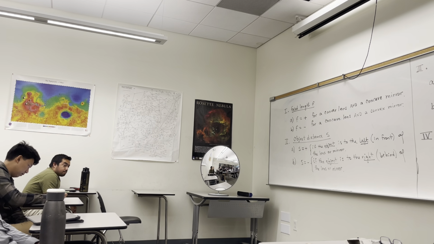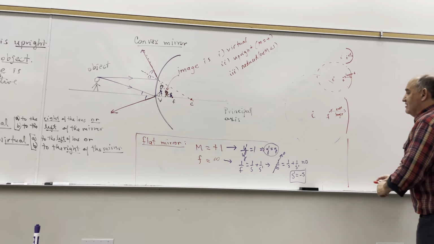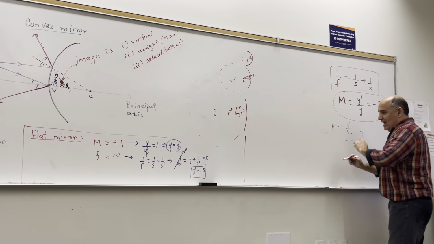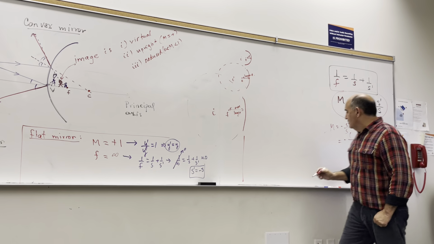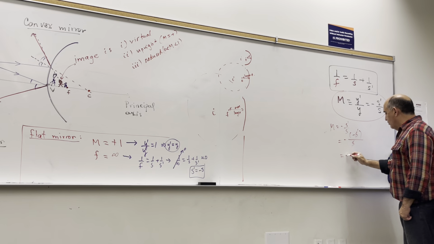But for a flat mirror, the image distance is the same as the object distance. Oh, by the way, because the S prime is negative, what happens if I plug it into this formula? Then the magnification, if I use minus S prime over S, and instead of S prime I plug in minus S, then this cancels that, and minus times minus gives me a plus 1.